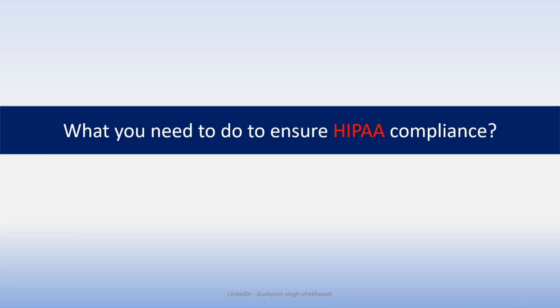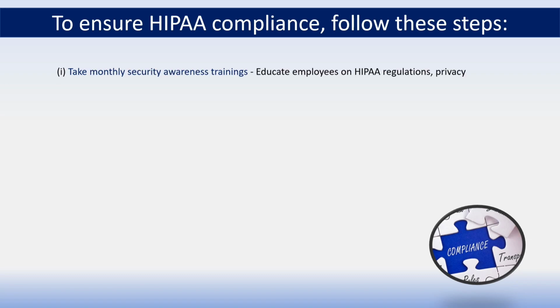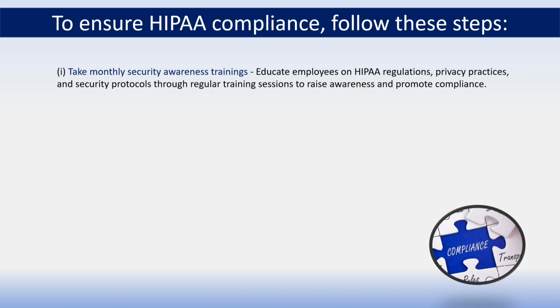So what you need to do as an individual or as an organization to ensure HIPAA compliance, follow these steps. Take monthly security awareness training, educate employees on HIPAA regulations, privacy practices, and security protocols through regular training sessions to raise awareness and promote compliance. Use SFTP or encrypted methods for PHI transfers.